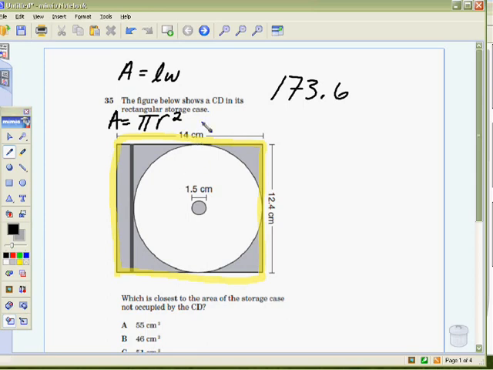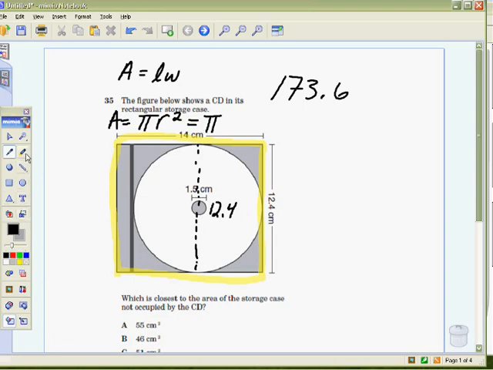So for my circle, my big circle, I have pi times r. Well, what's r? Well, this side of my rectangle is 12.4. So that means the diameter of my circle is also 12.4.